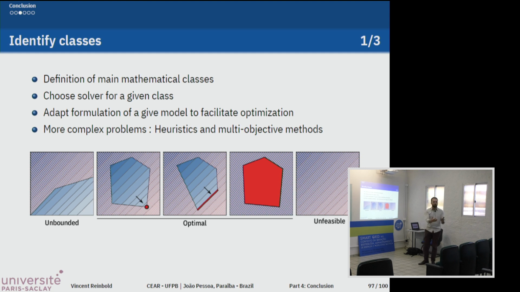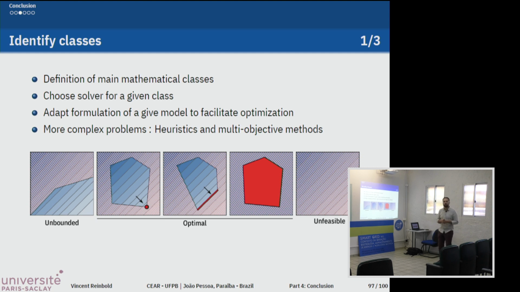For instance, for linear programs, we use linear solvers like GLPK. For nonlinear problems, we will use IPOpt or another nonlinear solver. We saw some tricks also to adapt the formulation of a given model to facilitate optimization. We saw the example of the absolute value. When we put an absolute value in the objective, for instance, it becomes nonlinear, but it actually is mixed integer linear.